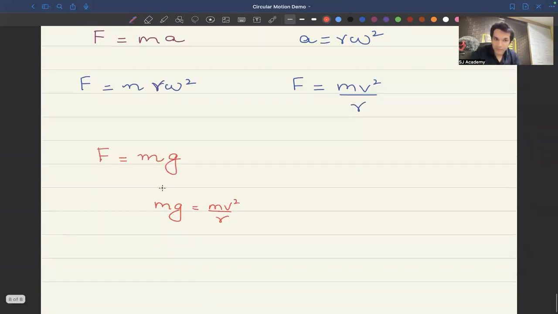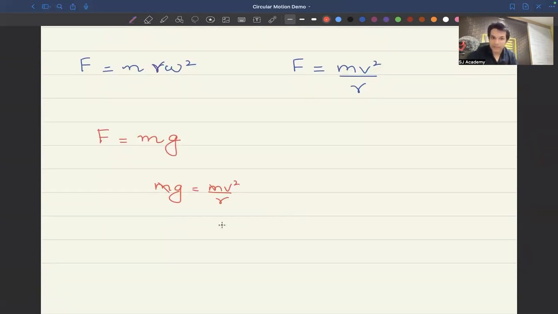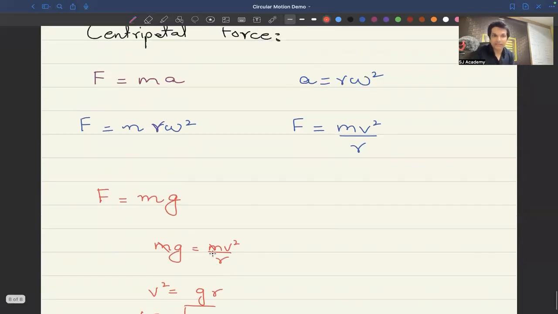So m and m will cancel out. V square can be written as gr, or v can be written as square root of gr. So this will be the velocity of an object moving due to gravitational force. And this is basically how we find centripetal force.